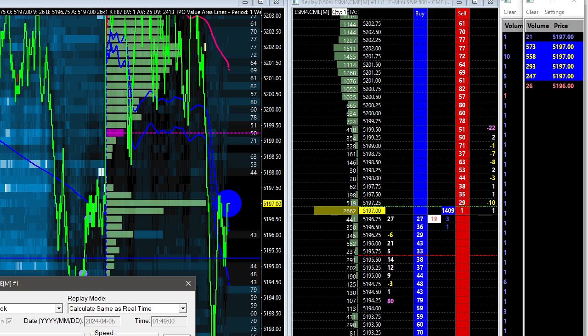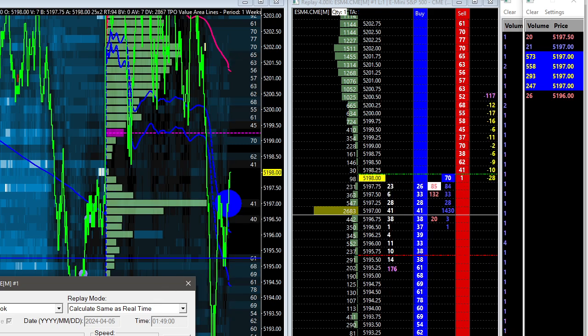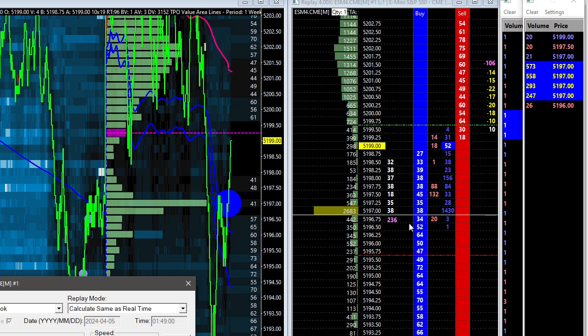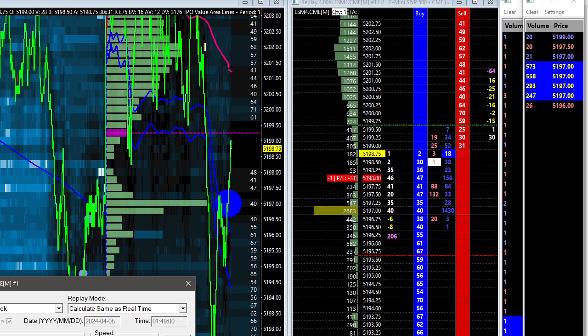I'm going to speed this up a little bit. Okay, the market just goes bid from here. 1,430 contracts executed at one price, and the market just goes bid.